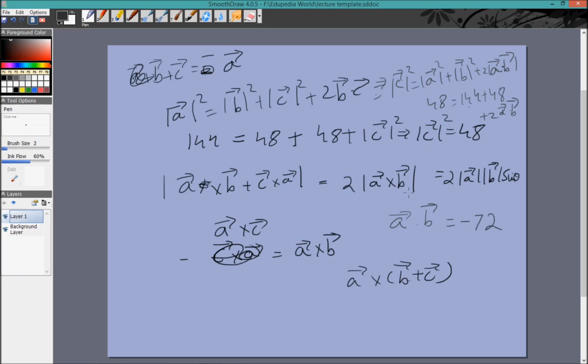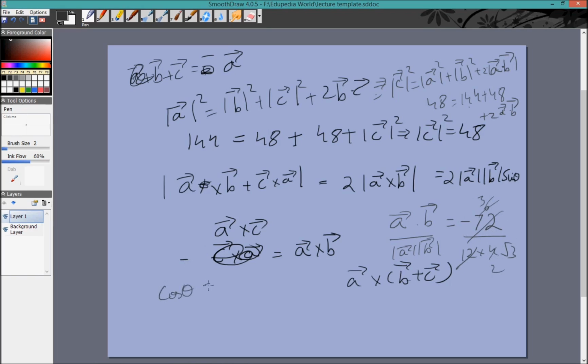Now we can calculate 2A cross B. So A dot B is minus 72 divided by mod A mod B, which would be 12 into 4 root 3. This will give me 6. This will give me 3 by 2. So minus root 3 by 2.